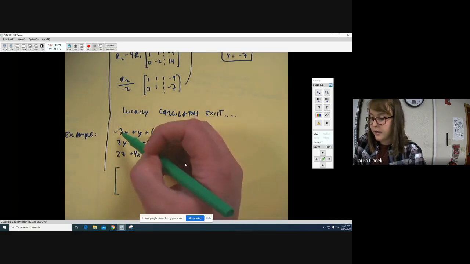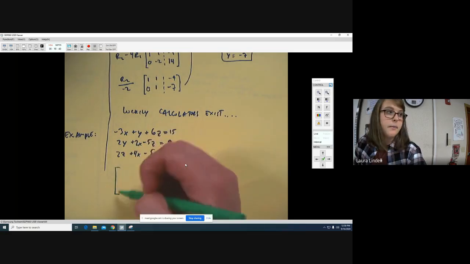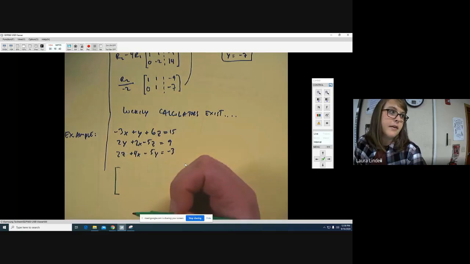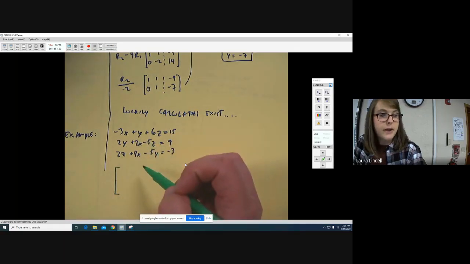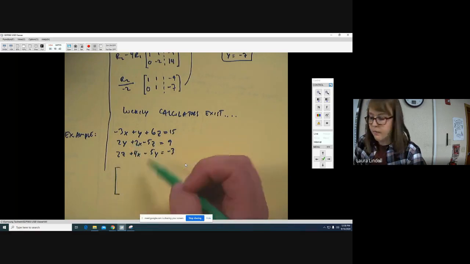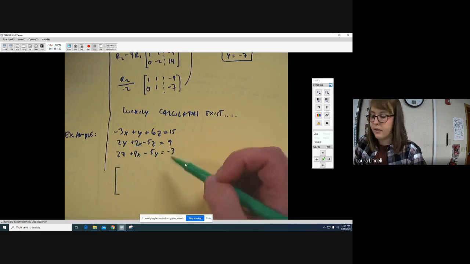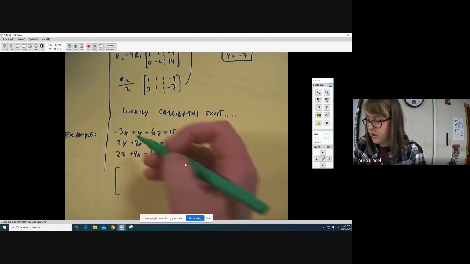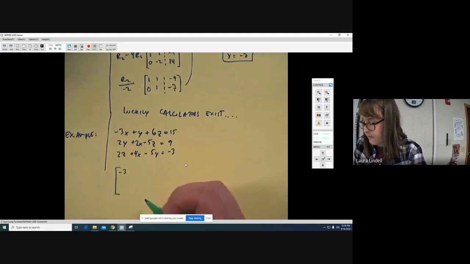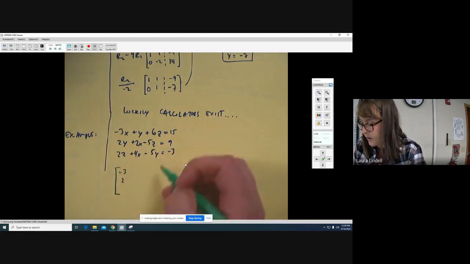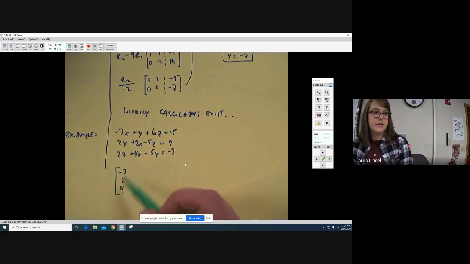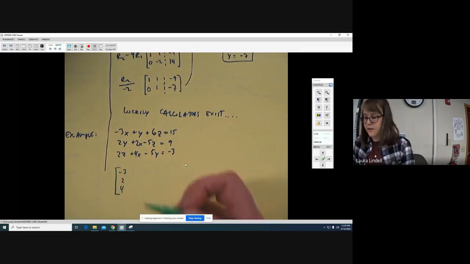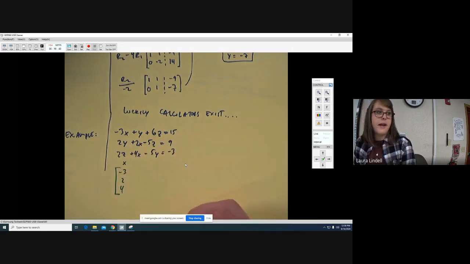So I couldn't just put negative 3, 2, 2 in this column because we have an x, a y, and a z. So if it helps you to rearrange it first, you can. We need to make sure the x's go in the first column, the y's go in the second column, and the z's go in the third column. So negative 3, 2, and 4 would go in that first column because those are the x coefficients. If it helps, you can put an x there to remind you.